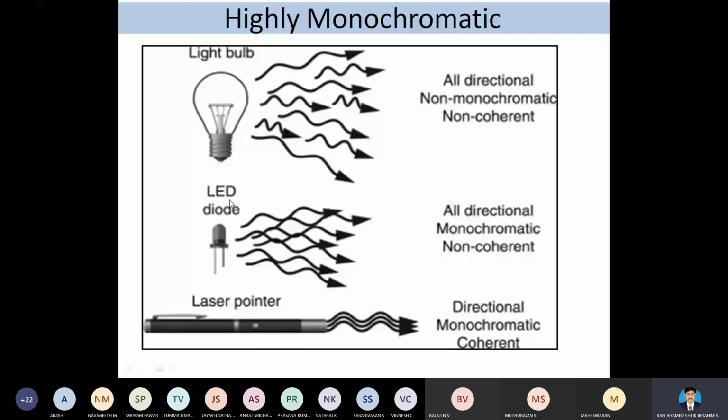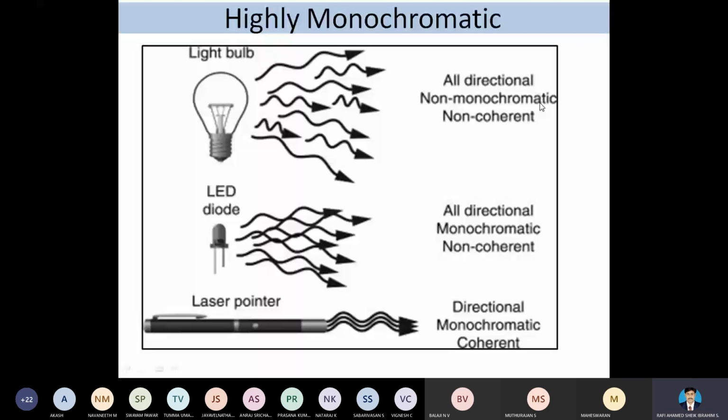We can see that for the ordinary tube light, the angular spread is in all the sides. So that's why we mentioned the parameter: all direction, non-monochromatic, non-coherent.